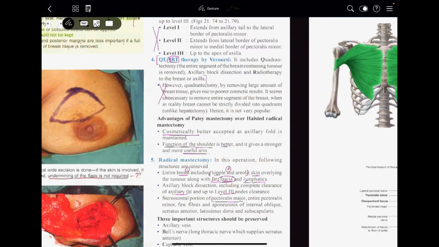Obviously, some parts of the breast will be preserved, so it is cosmetically better. And since the pectoralis major and minor are still preserved, the function of the shoulder is better. And it gives a useful arm. But in radical mastectomy, since both pectoralis major and minor are removed, now the arm becomes dysfunctional.